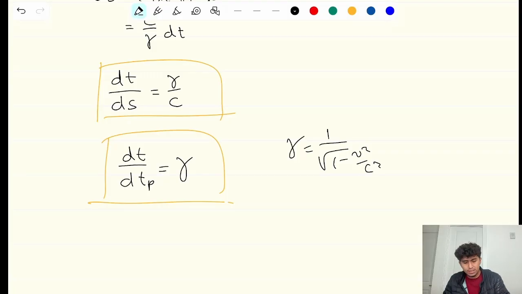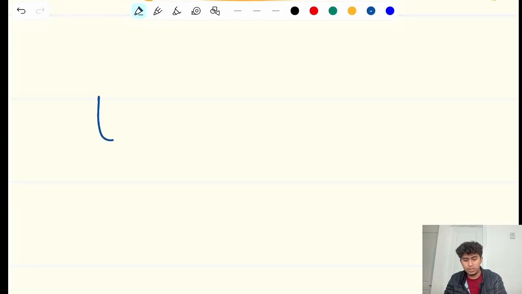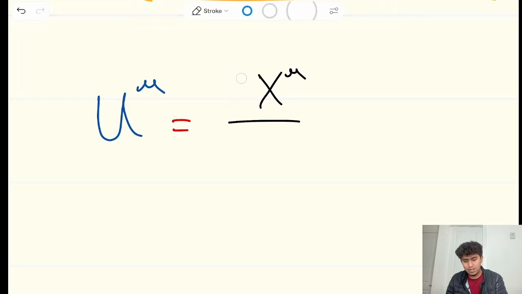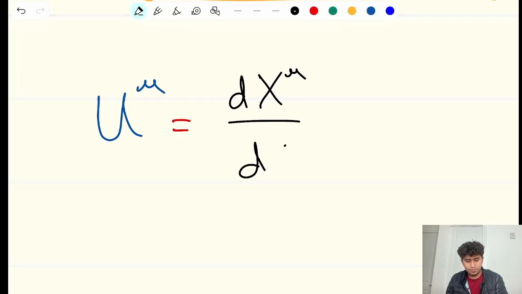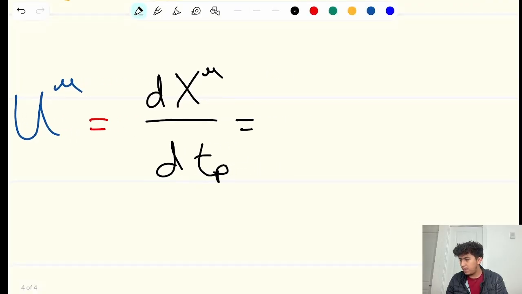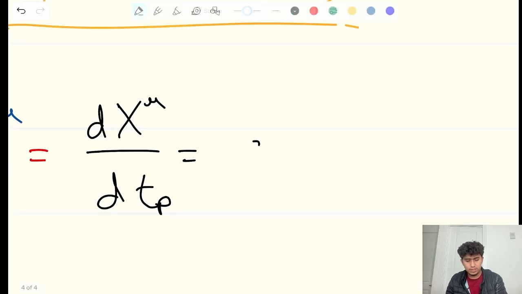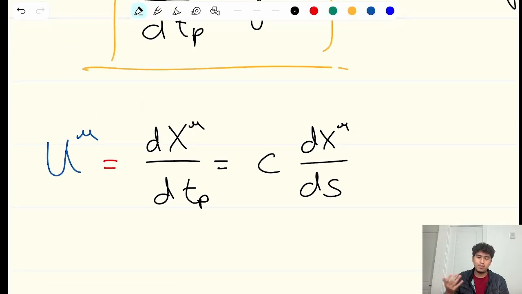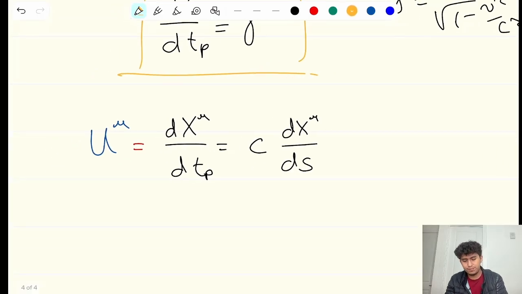This proper time is going to allow us to define what a four-velocity is. As you can imagine, it's just taking the derivative of the position four-vector with respect to the proper time. And this can also be written as c times dx mu, taking the derivative with respect to the invariant interval.